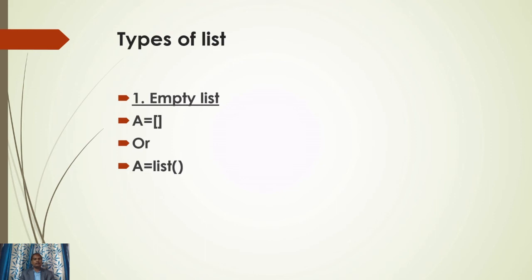There are no elements. Example number 2, A is equal to list with empty brackets. So this is an example of an empty list, which doesn't have any element inside the square brackets.